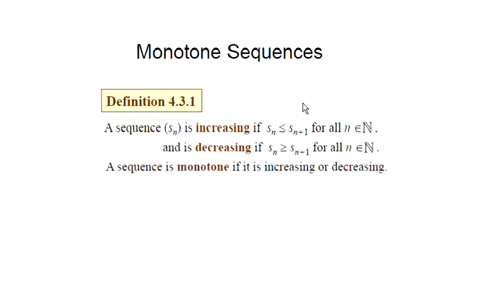Okay, so for an increasing sequence, we will use this definition, which is S sub n less than or equal to S sub n plus 1. For example, say given S sub n, if we expand, where n is a natural number, the natural numbers start from 1, 2, 3 and so on.